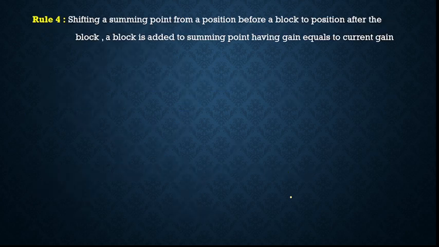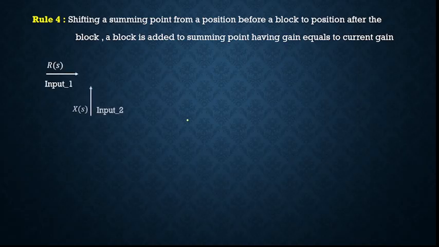Now rule number 4 is when we want to shift a summing point from a position before a block to a position which is after a block. Means we are having two elements in the block diagram, a summing point and a system block.